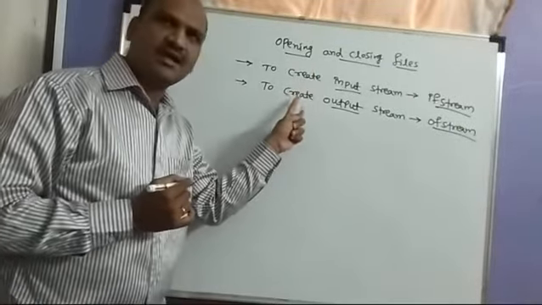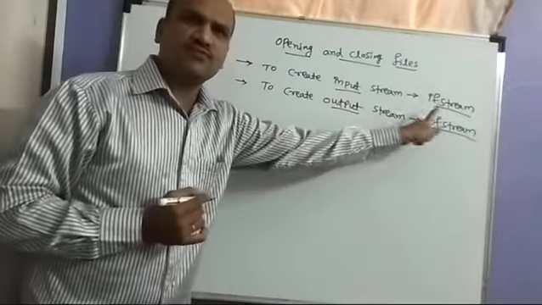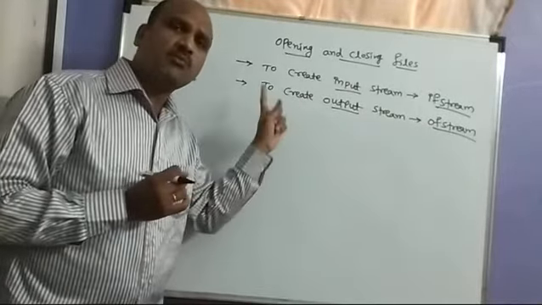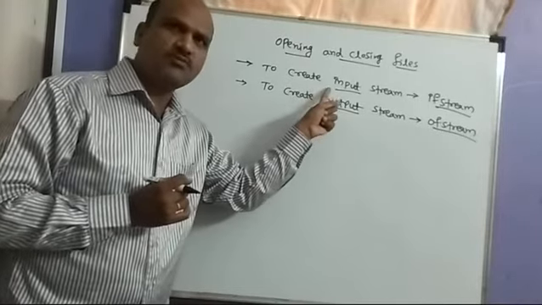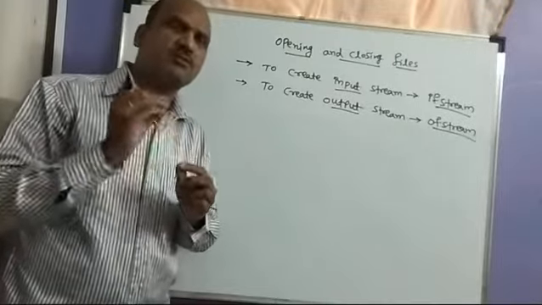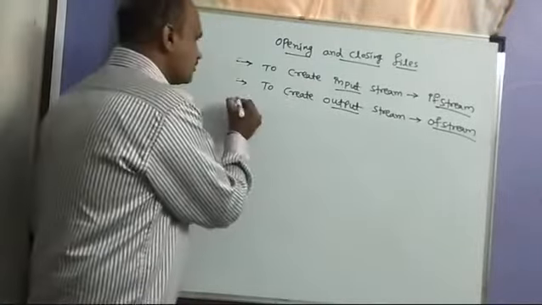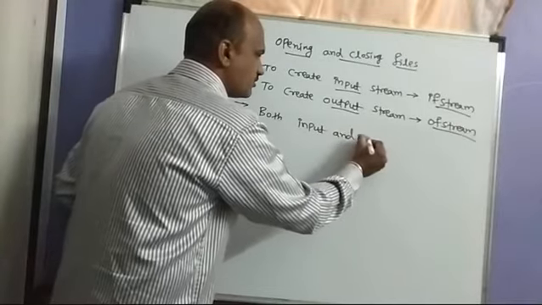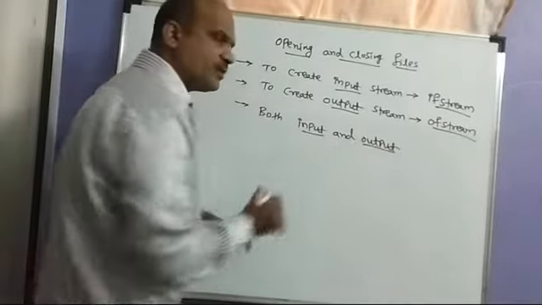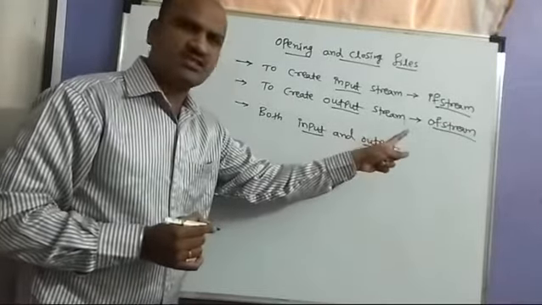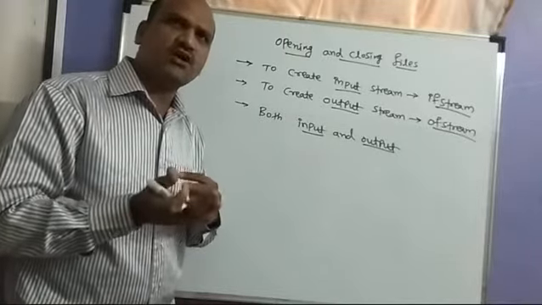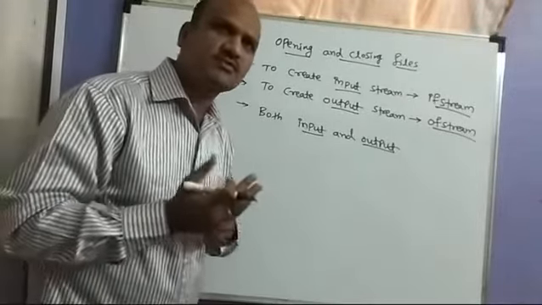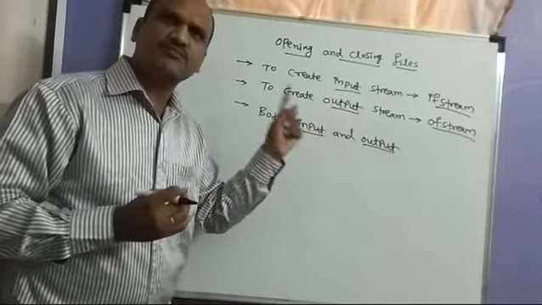So both input and output are separate: input with ifstream, output with ofstream, and the stream that performs both input and output must be declared in the class fstream. So separately, only for input we go for ifstream, and separately for output the class ofstream. fstream is a class which consists of input ifstream and output ofstream.